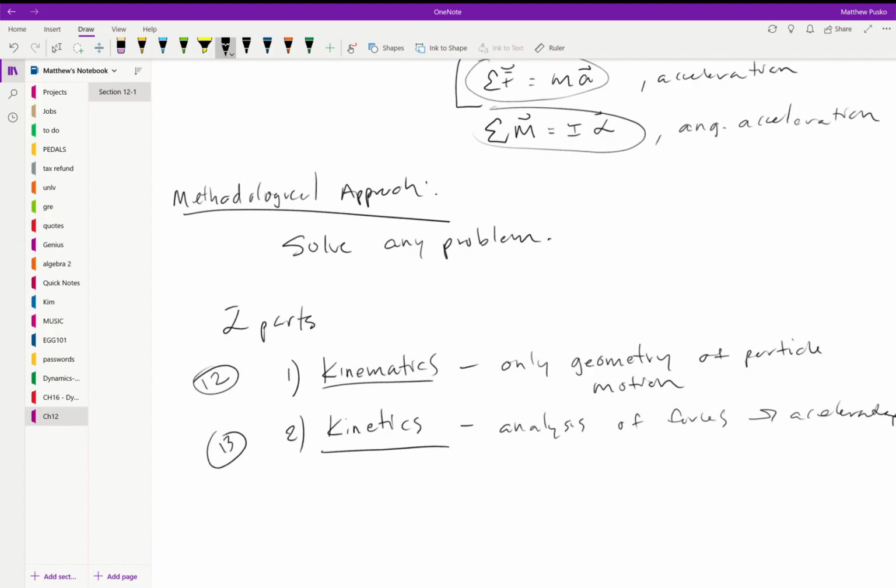We're not going to worry about where the accelerations come from. In 13, we're going to have to draw free body diagrams like you did in statics, with some forces, and that'll give us the equations to find the acceleration. And then we can use kinematics to find out more information about the motion of the particle.